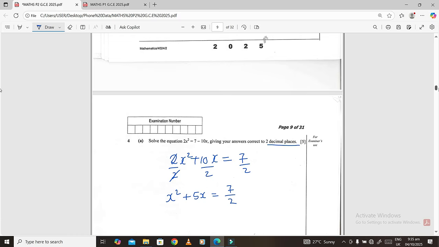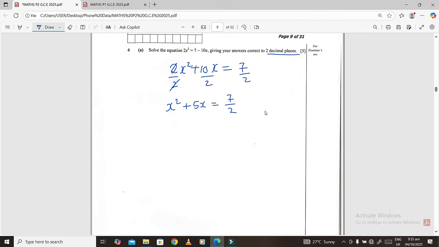So once you do this, you now come and pick whatever term is right here at b with x. So here we've got a 5. Divide it by 2. When you divide it by 2, square it, you are getting 25 over 4. So now this 25 over 4, you are simply going to add it to both sides of the equation.